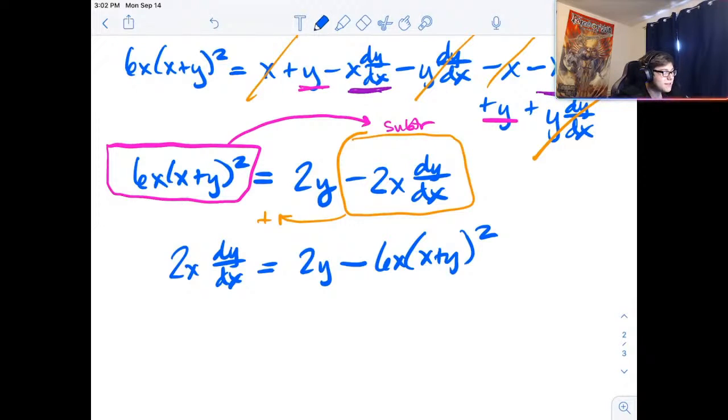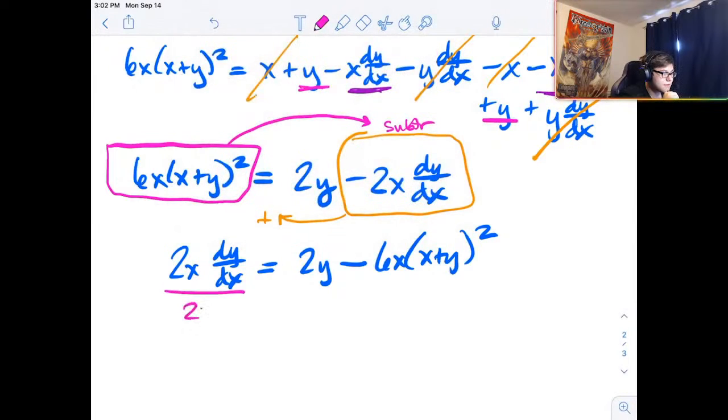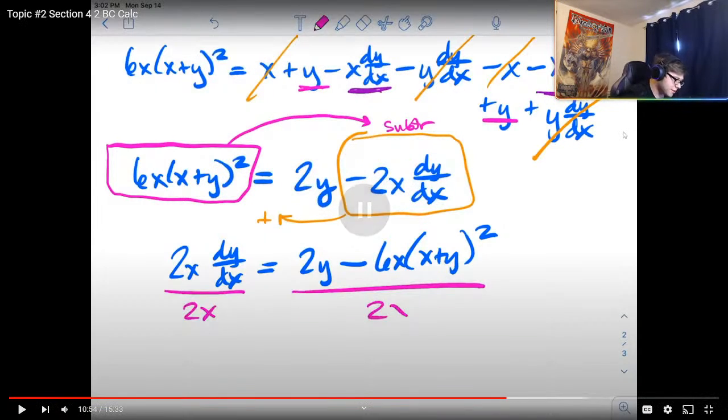Okay, the last thing I need to do to get the dy dx by itself is divide both sides by 2x. Oh yeah, I forgot about that. Wait, it's not negative? Oh yeah, because you already subtracted it. My bad. Divide by 2, divide by 2.